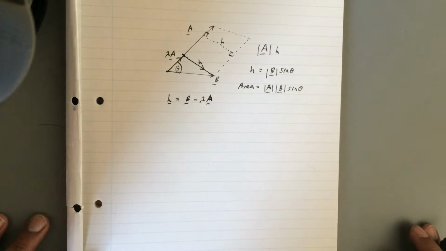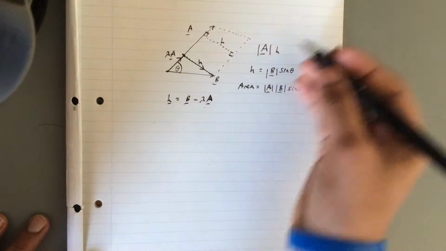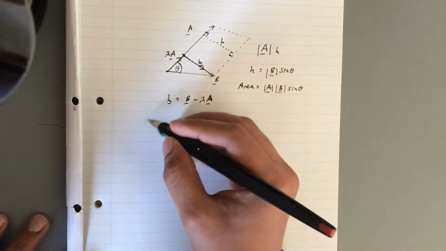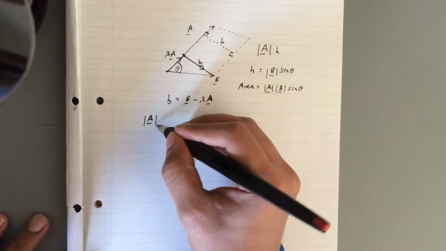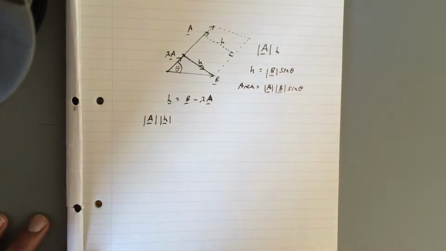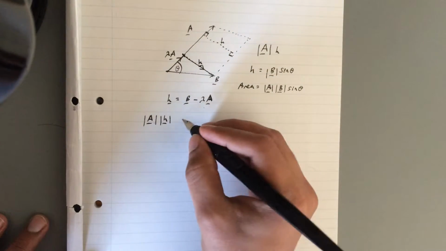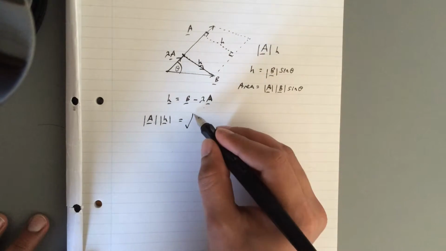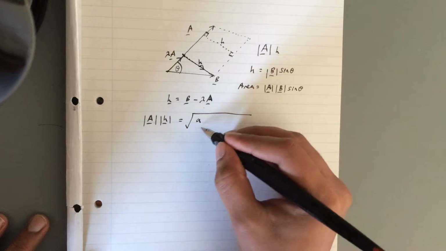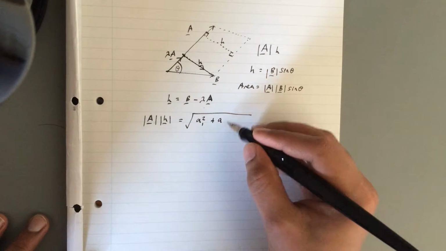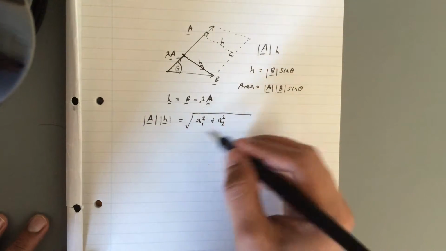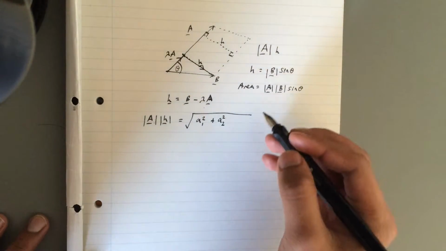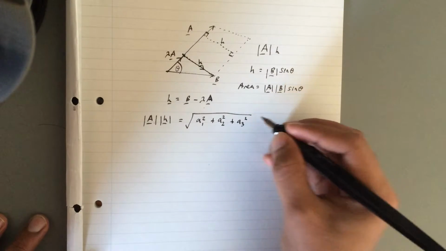We'll come back to that later. Now that we've defined H as a vector, we can write the area as so. The magnitude of a vector is the square root of the sum of the squares of the components.